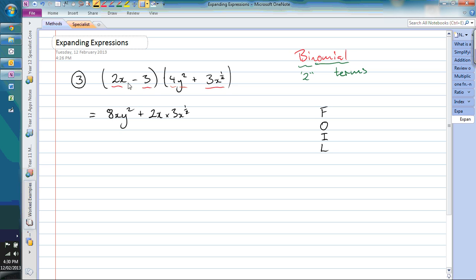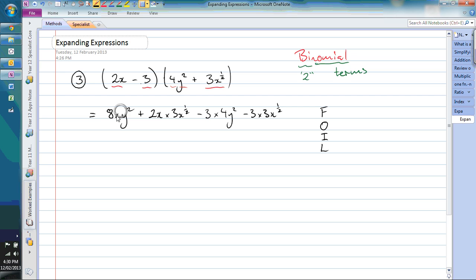Inside terms, negative 3 times 4y squared. Finally, negative 3 times 3x to the half. And there's my 4 terms.